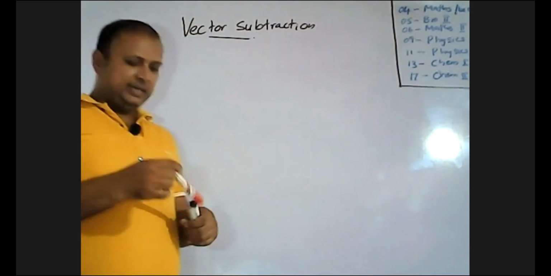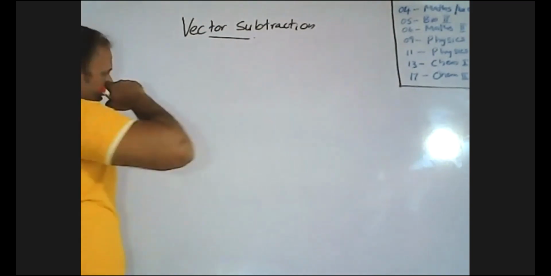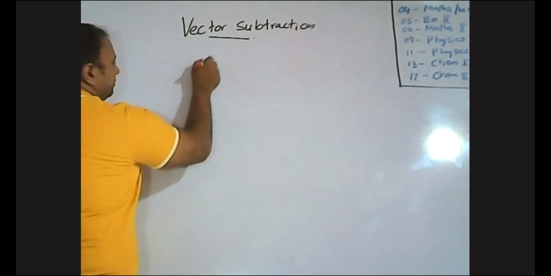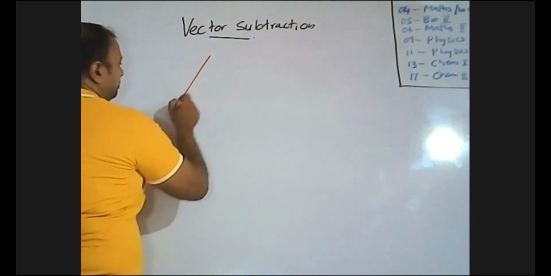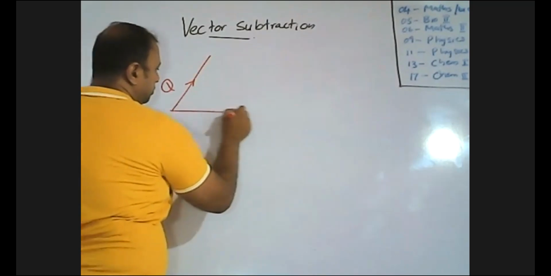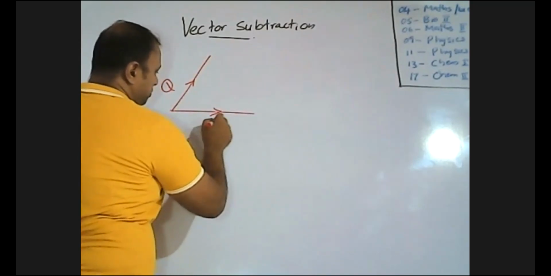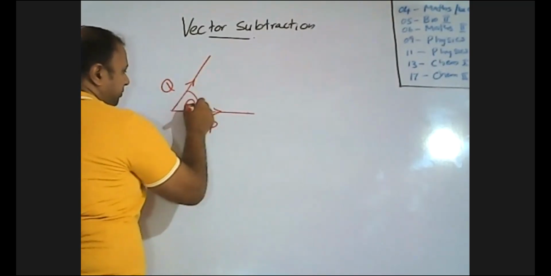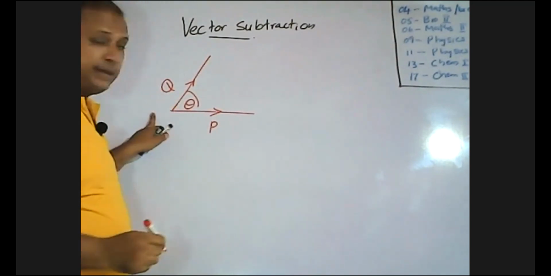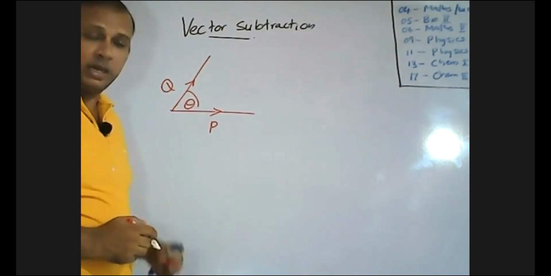Okay. Suppose we are given two vectors. This is Q. This is P. And we have to subtract P and Q. How to do that?